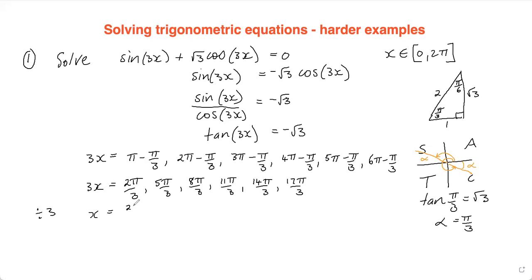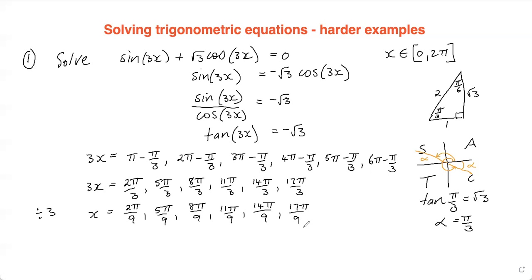So that's just going to become 2 pi on 9, 5 pi on 9, 8 pi on 9, 11 pi on 9, 14 pi on 9, and 17 pi on 9. Just to check that our solutions definitely are within the original domain that we were required to solve within, 17 pi on 9, well, if we had 2 pi, that would be equivalent to 18 pi on 9.